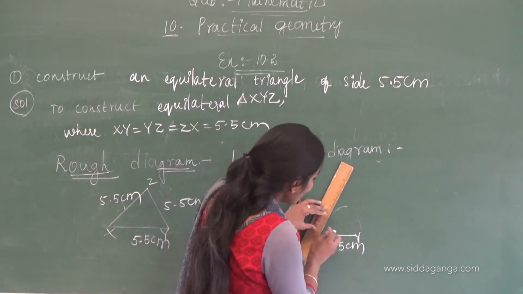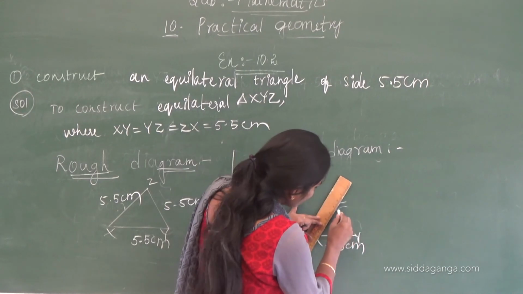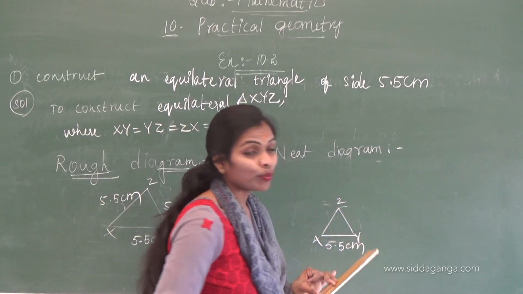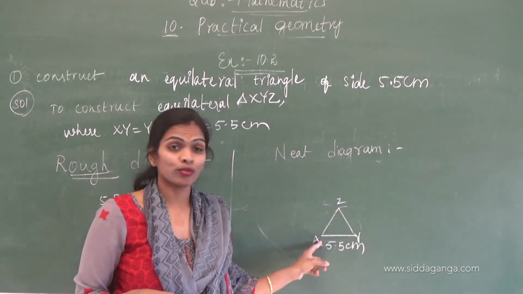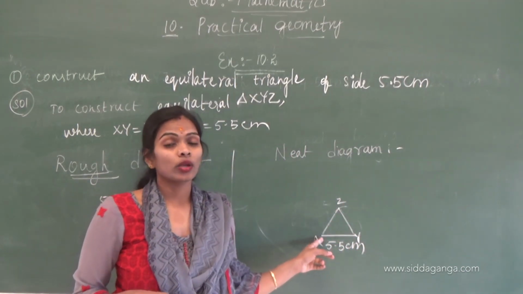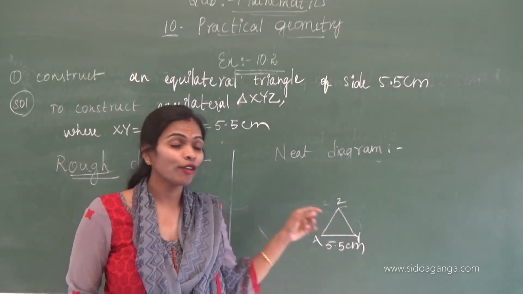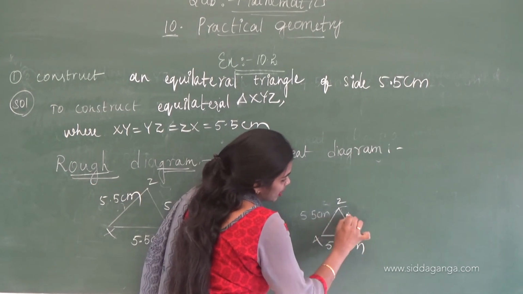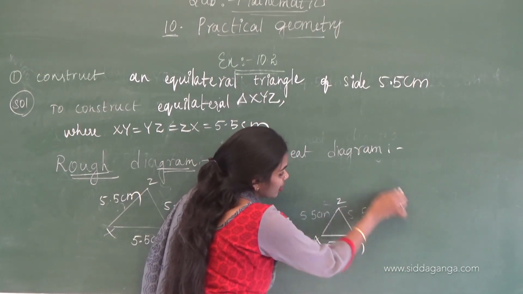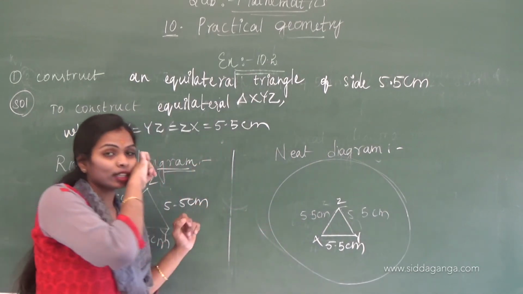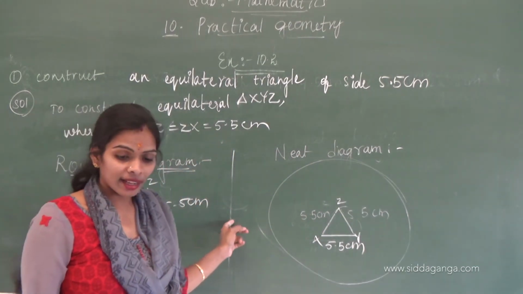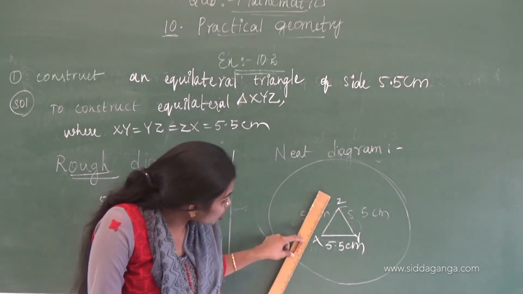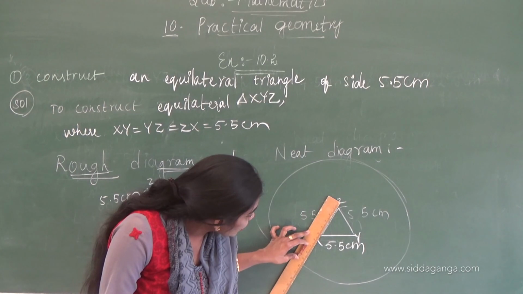The point of intersection is Z, and I join XY, ZX and ZY. I am writing the arc measurements here. This triangle is the required equilateral triangle.